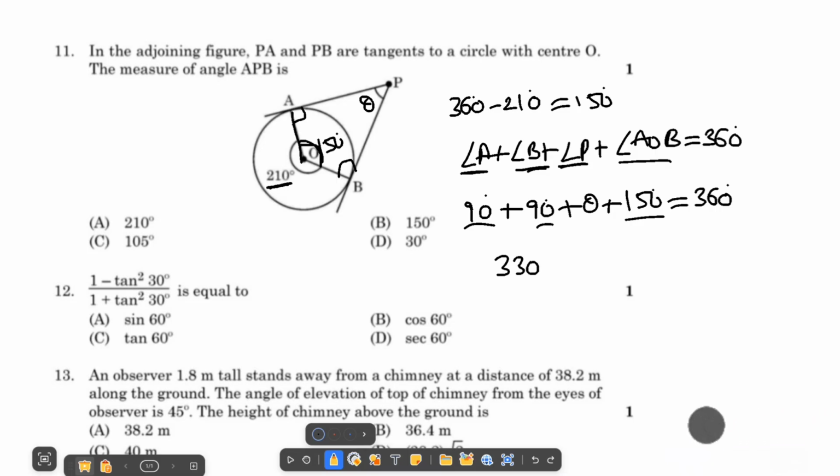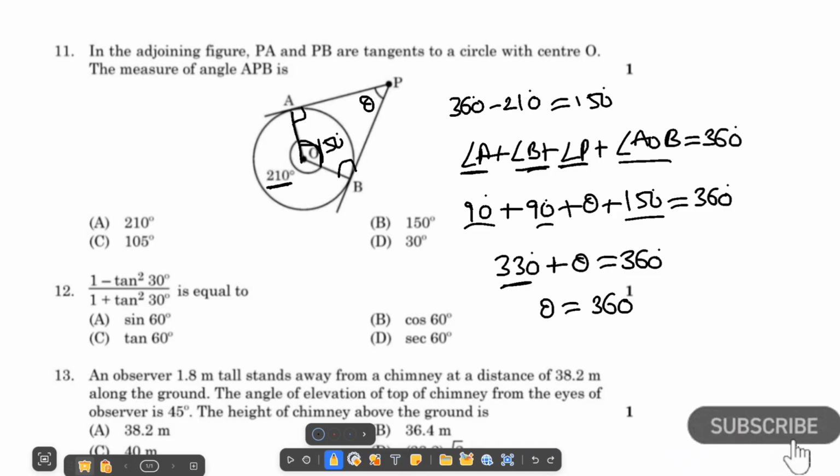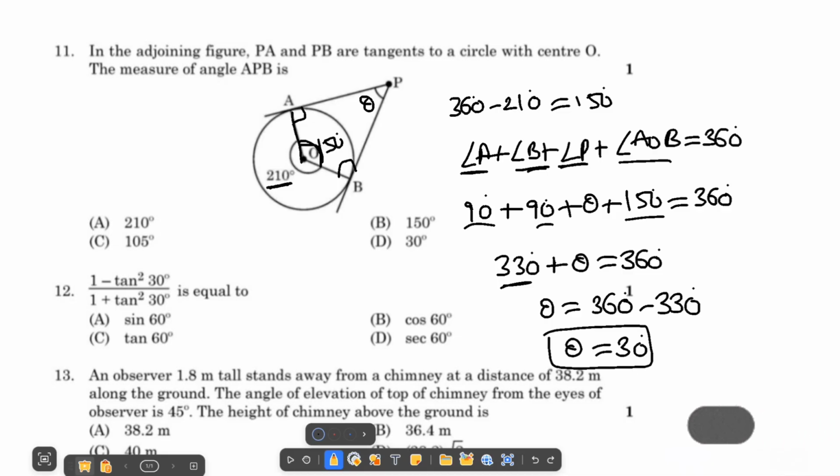So 330 degrees plus theta is equal to 360 degrees. Sending 330 to the right side, now theta will be equal to 360 minus 330. So theta is equal to 30 degrees. So the angle at P, that means angle APB, is 30 degrees. So option D is the right answer.